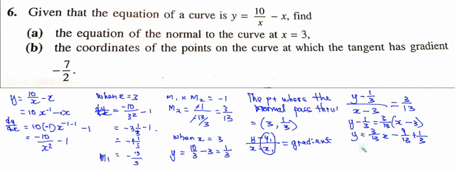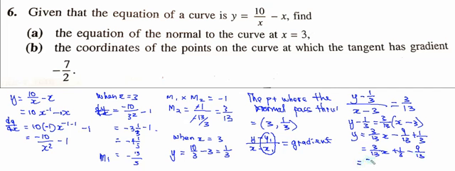Okay. Now 3 over 13 x, but we have to combine this. Okay, so this is actually plus 1 over 3 minus 9 over 13.